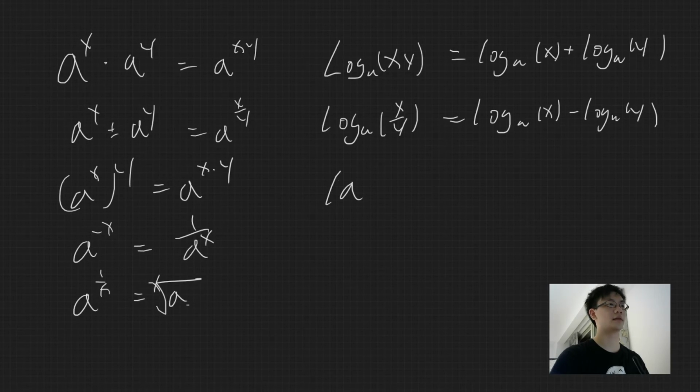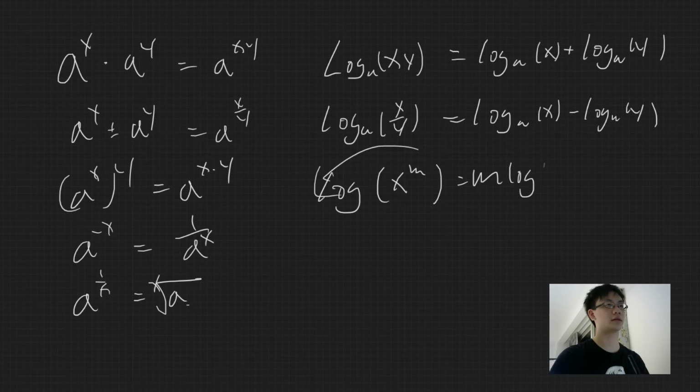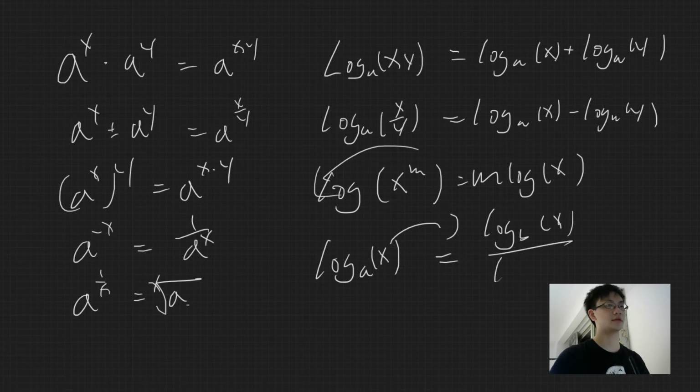And then log of x to the power of m equals, drop the power to the front, m log x. And lastly, change of base: log base a of x, remember, inside goes on the top, equals log base b of x over log base b of a.